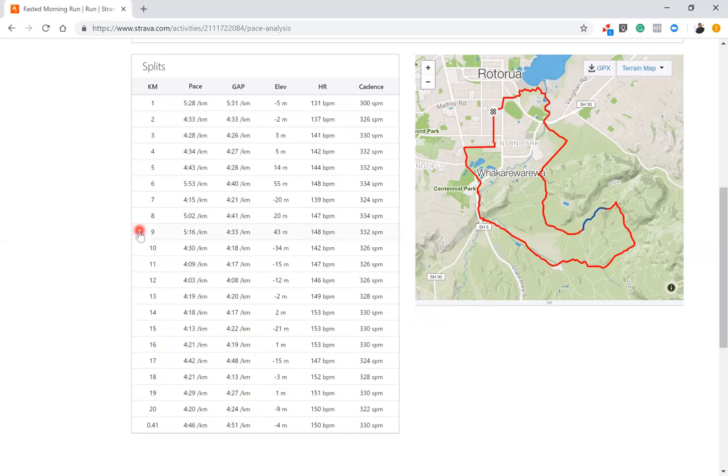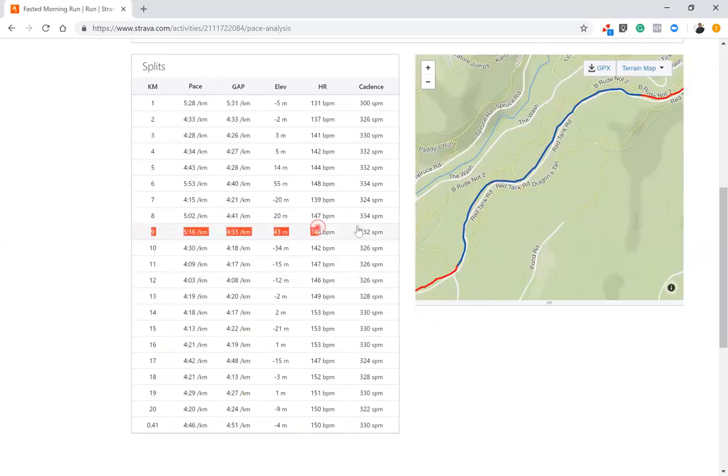You can see here in kilometer 9, I ran a 5:16 kilometer. If I was going to do that on the flat, it would be a 4:33. Strava has suggested that because there was a 43-meter elevation gain. So I went uphill 43 meters across kilometer 9.